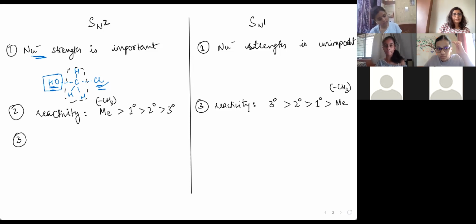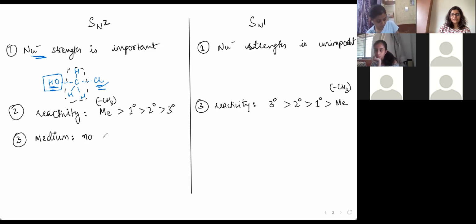Next. Now the medium. So SN2 reaction में, non-polar medium will be ideal to carry out SN2 reactions. So let's put it this way. This reaction will be faster in less polar solvents. Non-polar would be ideal.